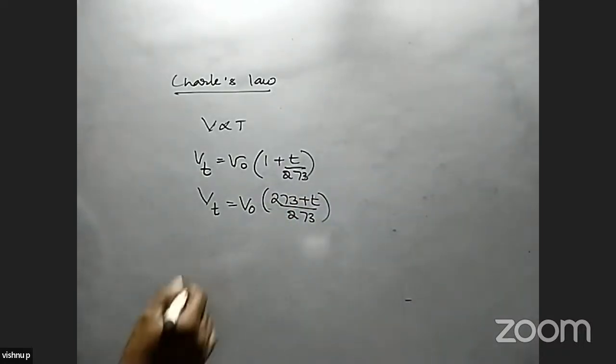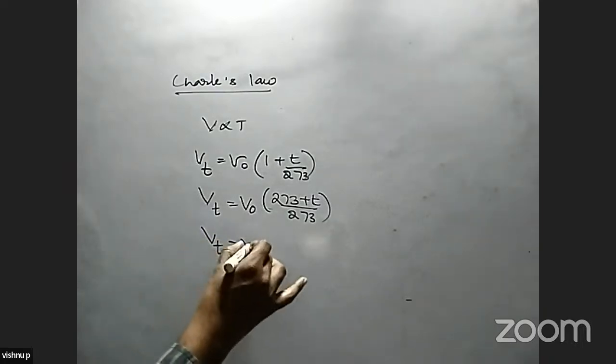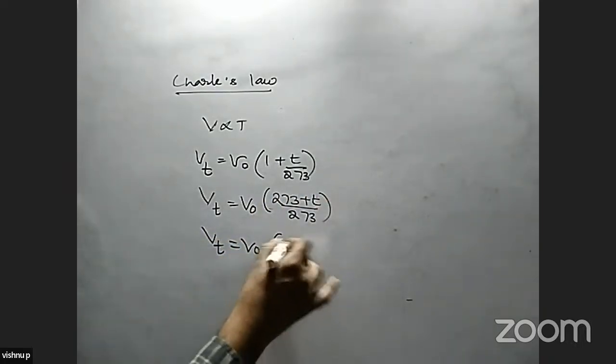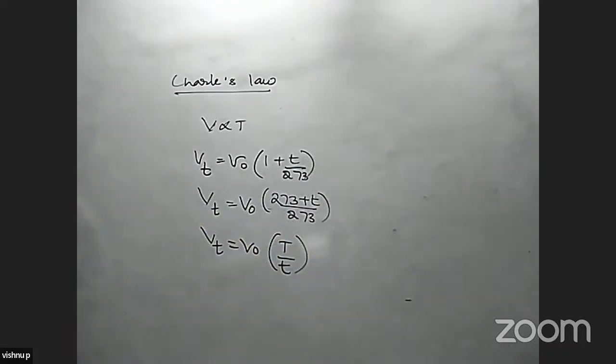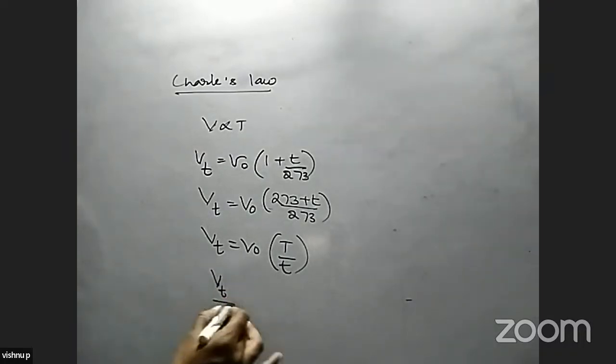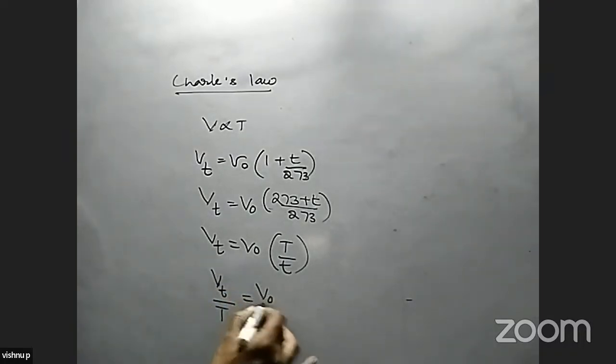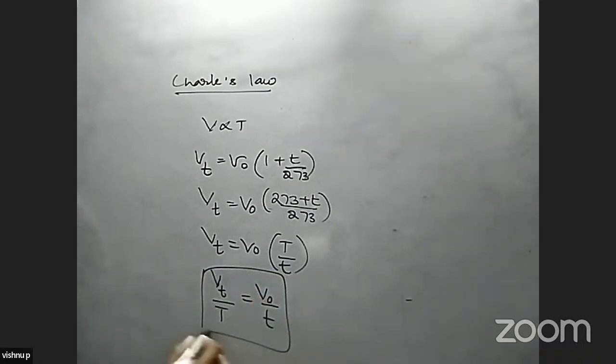So here Vt is equal to V naught into T by 273, where capital T is the absolute temperature, or we can take it as Vt by T equal to V naught by 273 also. So this is the relation between volume and temperature.